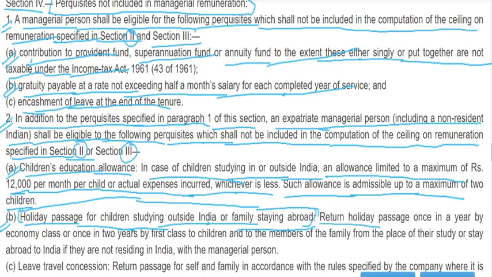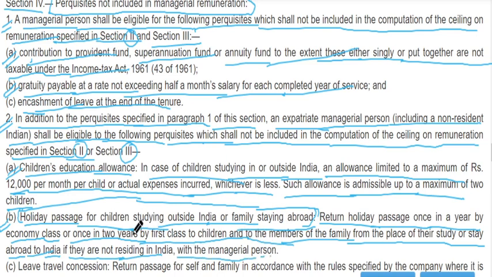Return holiday passage once in a year by economy class, or once in 2 years by first class, to children and to members of the family from the place of their study or stay abroad to India, if they are not residing in India with the managerial personnel.